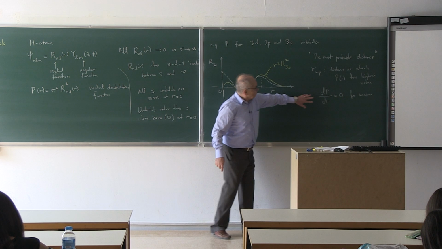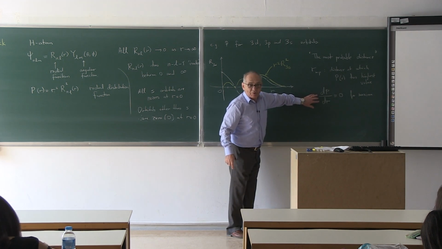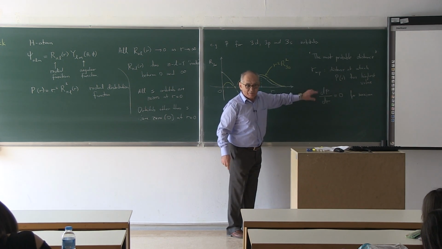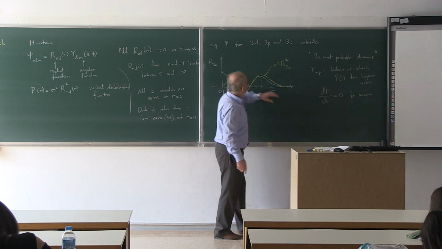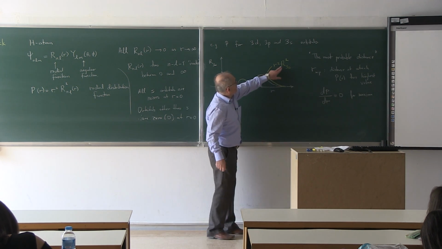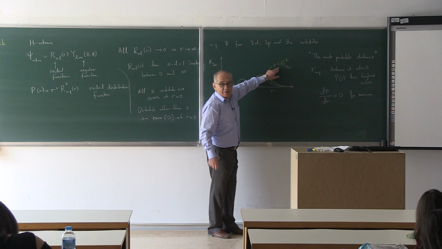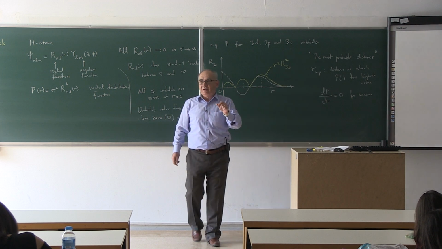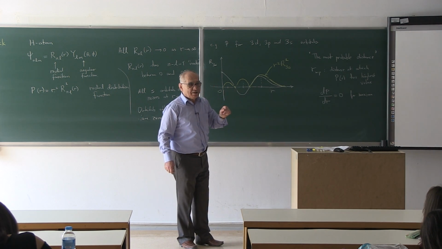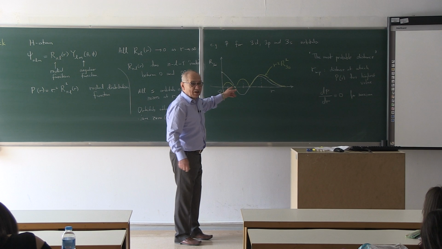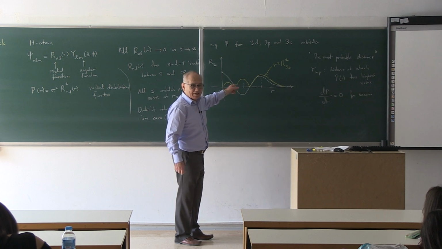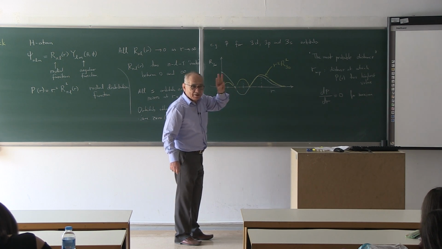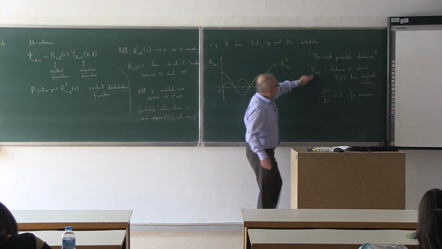If we use this equation, this is the condition for finding maximum and minimum, all right? For this expression, this is the radial distribution function. How many solutions are we going to obtain? You see from the graph how many maxima are there? There are 3.